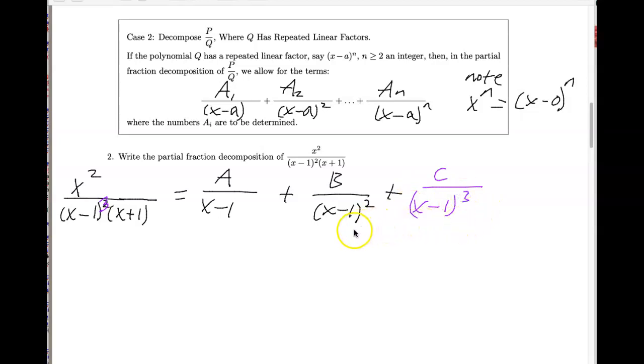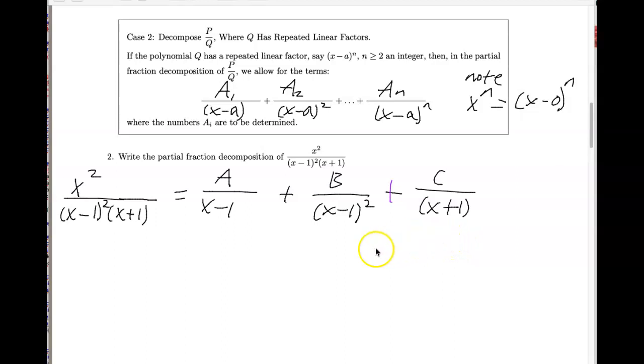So you're just going to keep going until you reach that exponent. Since it's not, we're just going to the next linear factor that we have, which is the non-repeated. So it'll be plus C over x plus 1.